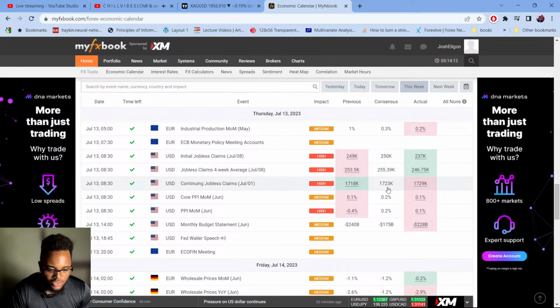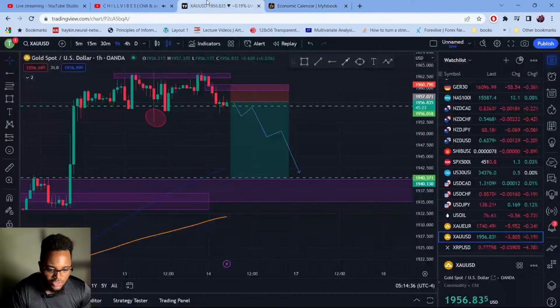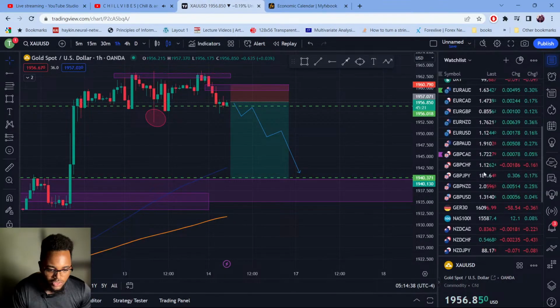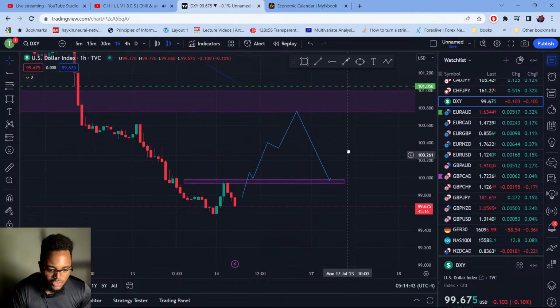Initial jobless claims, you can see that we did come out less here, but look, we had core PPI. We had PPI month over month and core PPI, which is more largely in focus, and you can see that actually came out a little bit worse than expected, slightly so, not by too much, but it was enough to make markets move even lower. So I do think we could see some sort of recovery and continuation, but again, it's all dependent on price action.